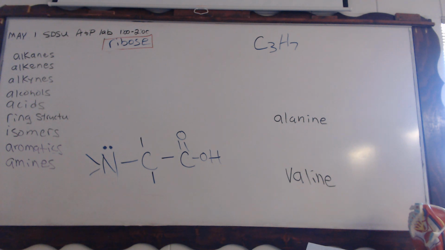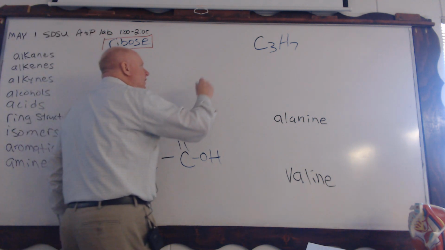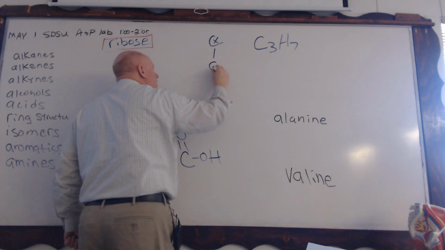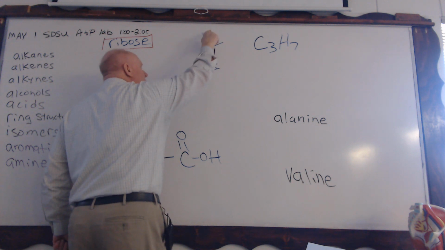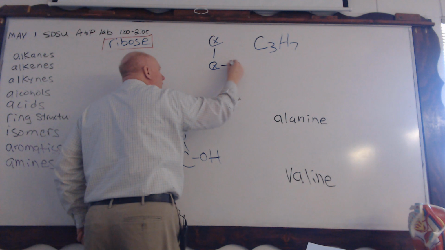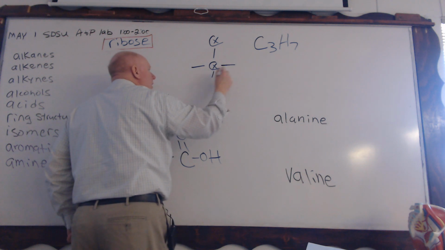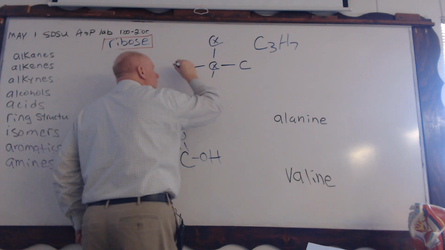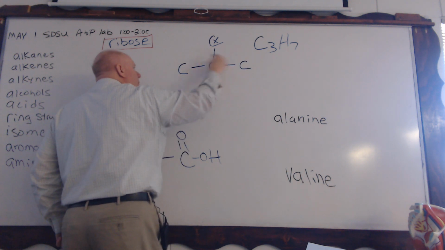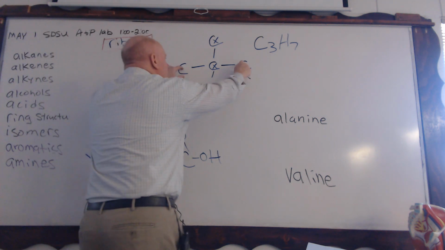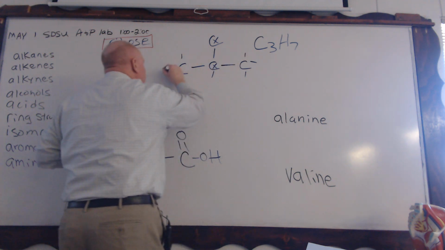So if we say X marks the spot, and here's a carbon here, this carbon-to-carbon bond is the middle one, and then a hydrogen goes down here, and then on both sides of them, we have carbon and carbon. What else goes on these carbons? You said hydrogens, that would be right.